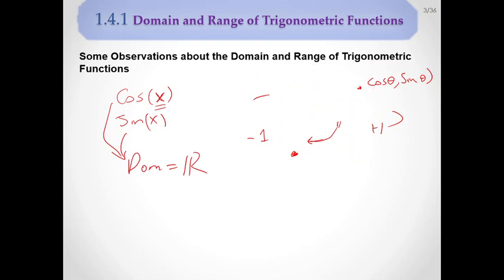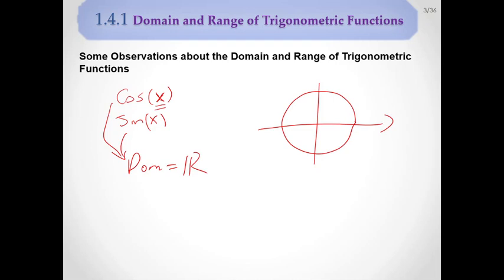And in the same way, what can you say about the range of cosine x and sine x? Here, look at here. The cosine and sine are taking values from 1. Cosine 0 is 1, and sine 0 is 0. And now when it comes to here, one will be 0, and the other one will be 1.